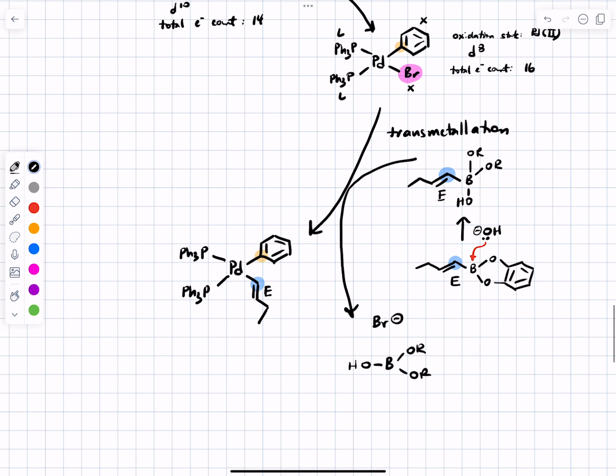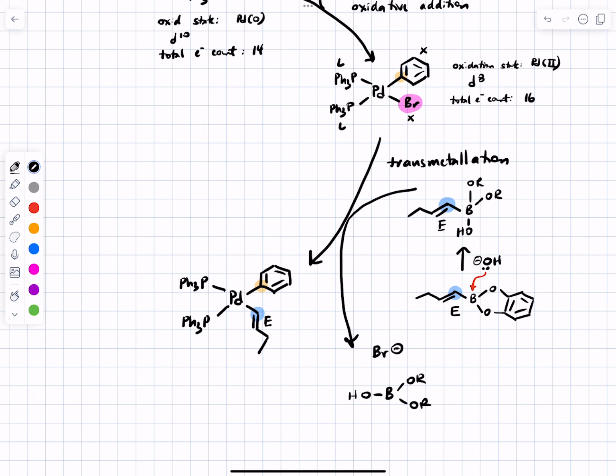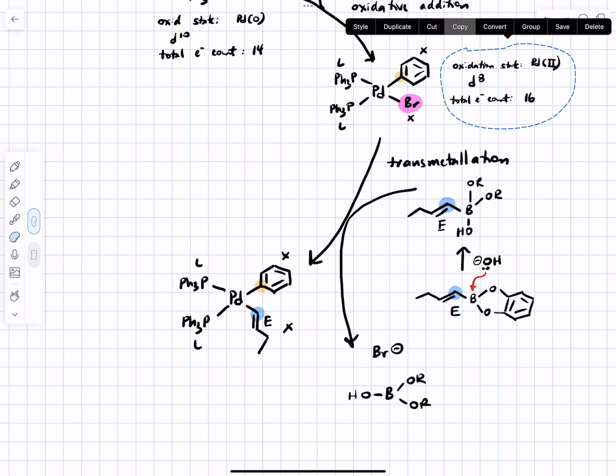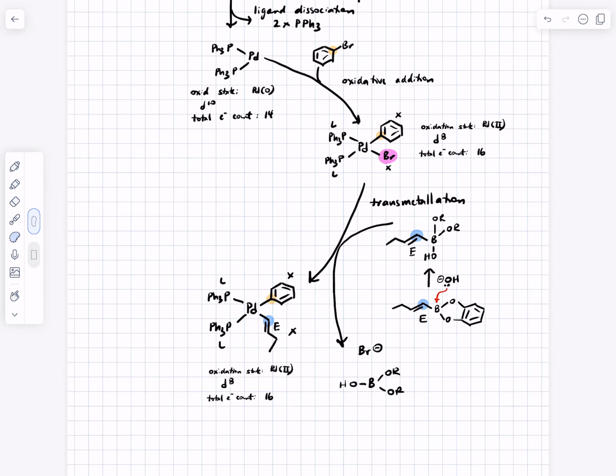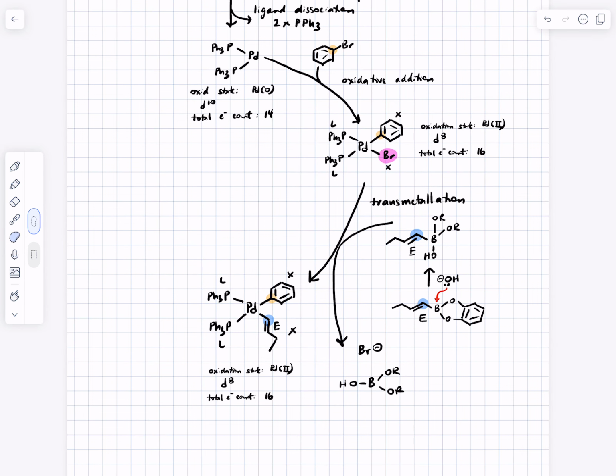If we're counting oxidation state and d electrons, we've got two L-type ligands, two X-type ligands. We would conclude the same thing that we concluded above. So transmetallation doesn't change the oxidation state of the metal, doesn't change the d electron count, doesn't change the total count of electrons.